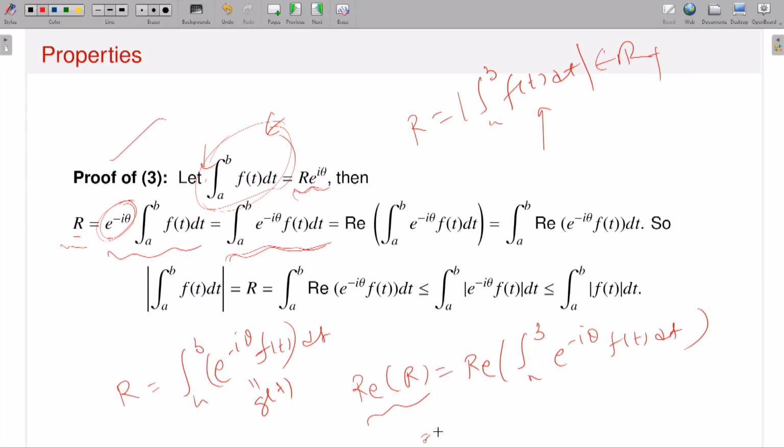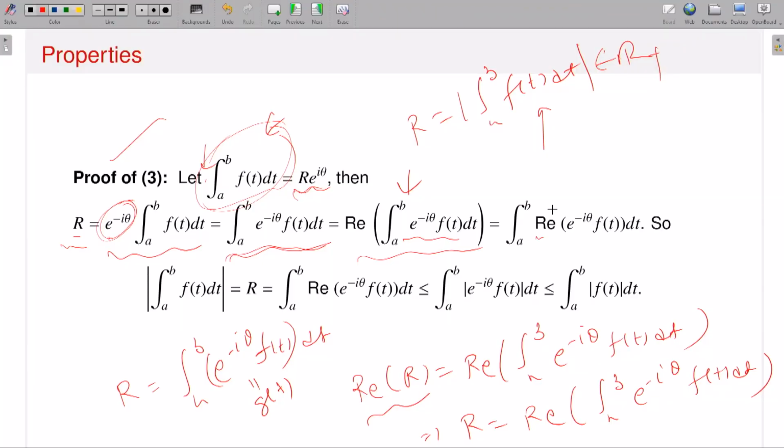So r is equal to the real part of the integral of e^{-iθ} f(t) dt, and that is exactly what I have written. Now when I was defining the integral of complex valued functions, I said that you can push the real part inside the integrand. So this is the same as the integral of the real part of e^{-iθ} f(t) dt.